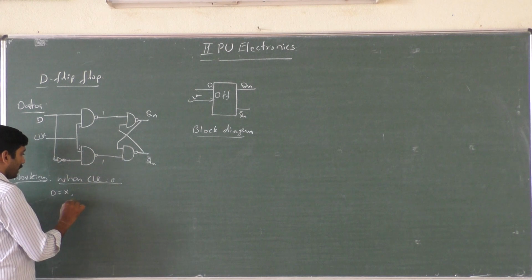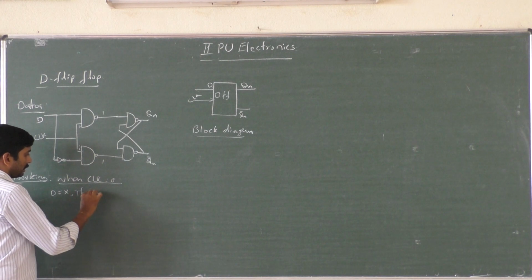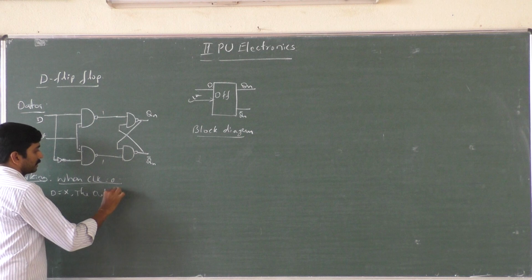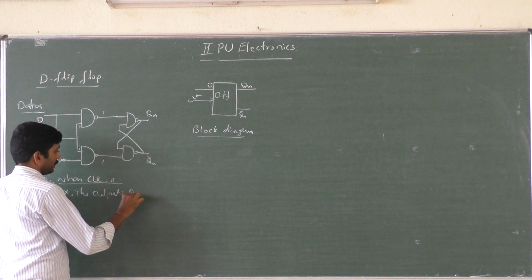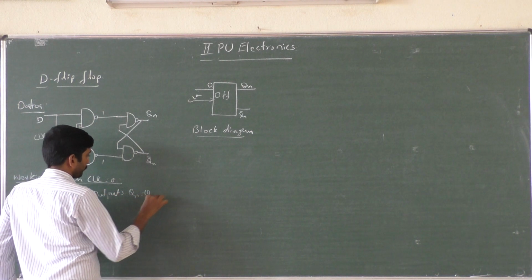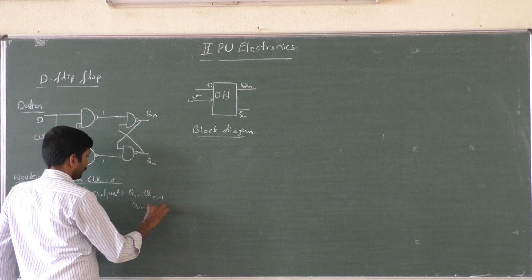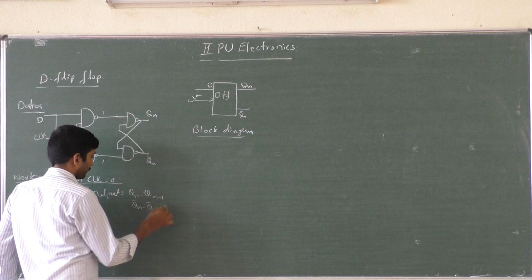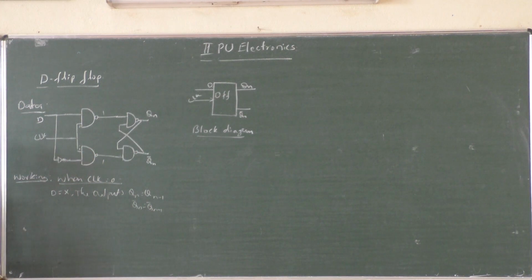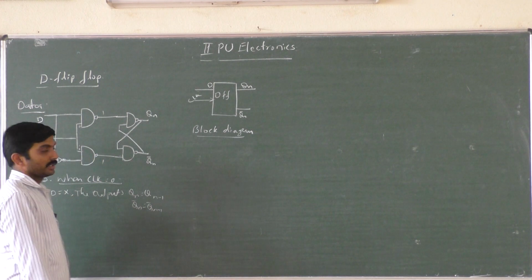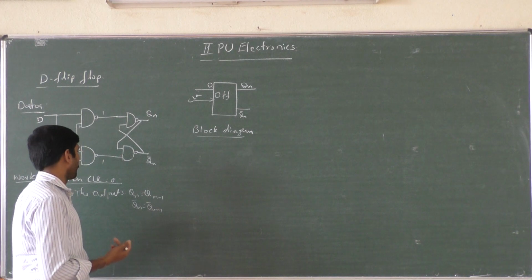D equal to X, the outputs Qn equal to Qn minus 1, Qn bar equal to Qn minus 1 bar. That is the hold condition. This is the hold condition in the flip-flop operation.